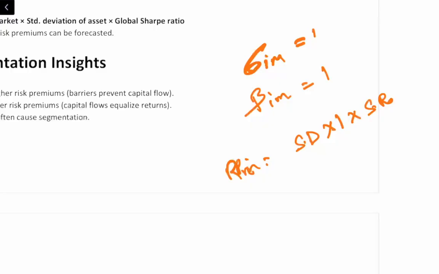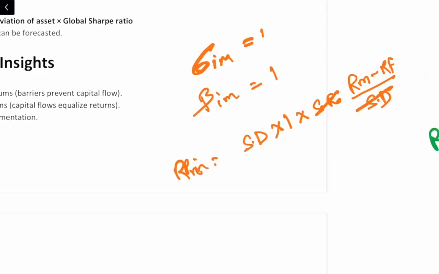Now there is one more thing. If I rewrite this Sharpe ratio again, RM minus RF divided by your standard deviation, so this standard deviation will also cancel out. Clear? So what I am left with is only RM minus RF, or the risk premium of the market.